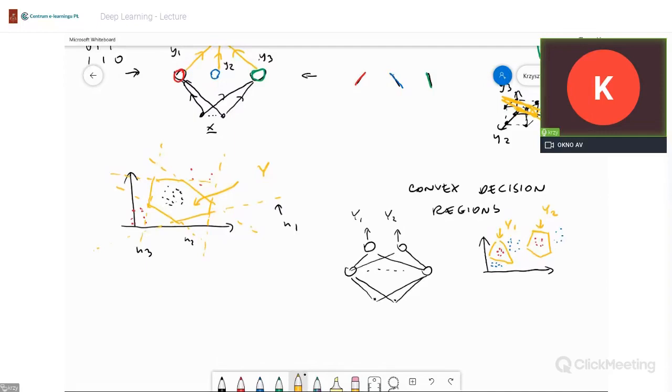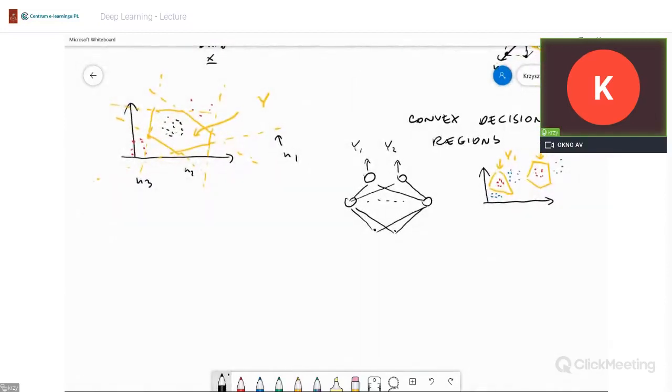Right now, let's conclude this part of the qualitative analysis with a statement that a two-layer feed-forward neural network is capable of solving, and I will just informally say, convex classification problems.